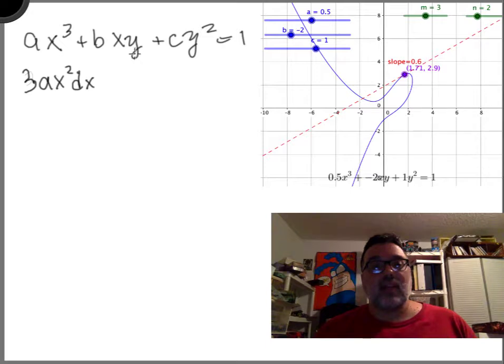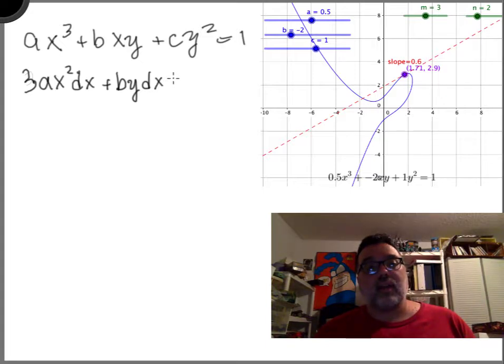Then what we have here is a product. It's x and the y. So we're going to apply the product rule. So it'll be b, the derivative of x is 1 times y. We're going to keep track of that derivative of x.